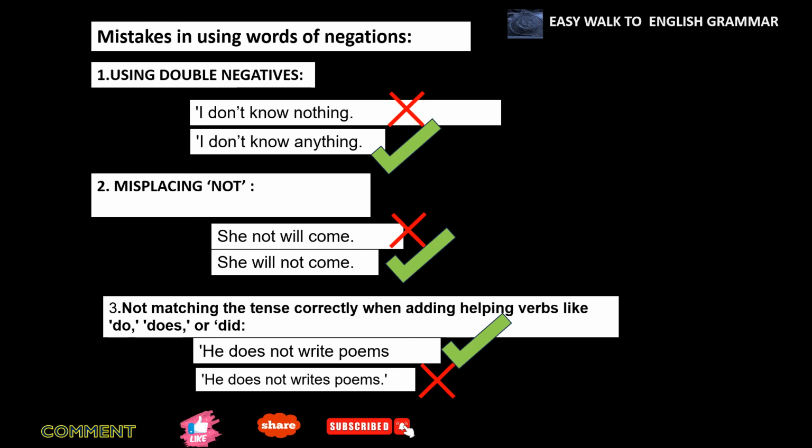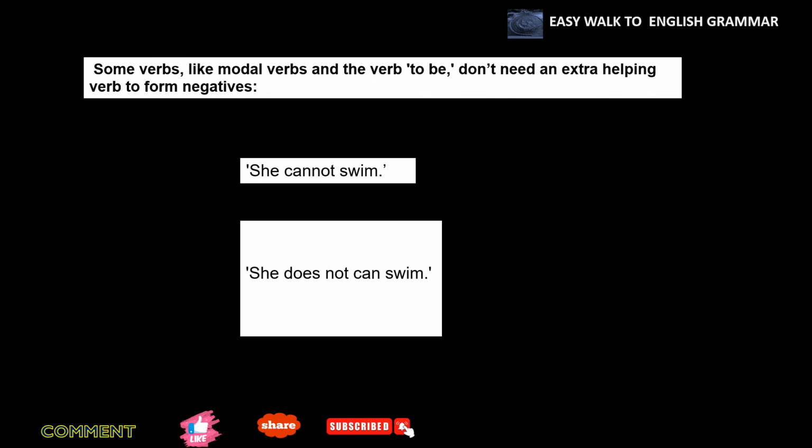Notice that when we add does, the main verb goes back to its base form, write. Lastly, remember that some verbs like modal verbs and the verb to be don't need an extra helping verb to form negatives. For example, she can swim becomes she cannot swim, not she does not can swim.